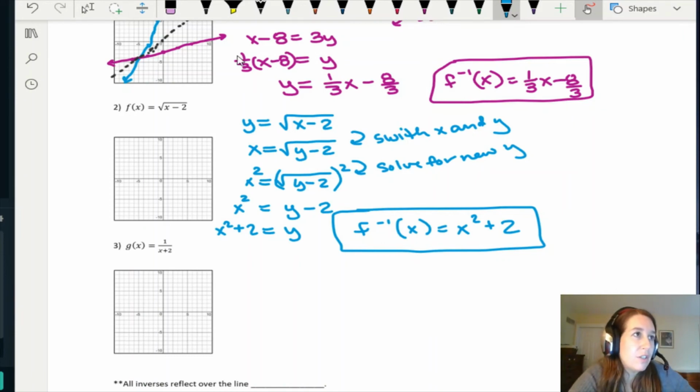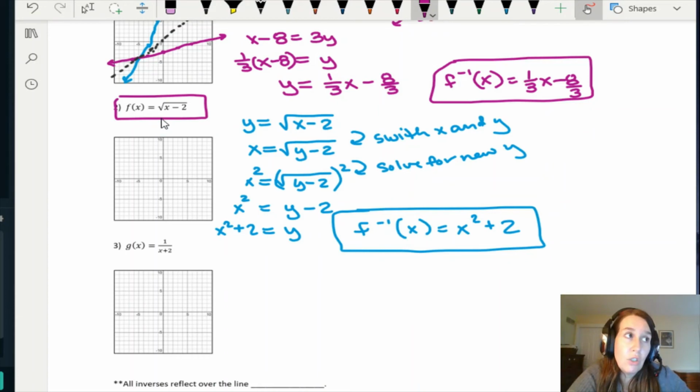So first, let's graph this in this purple color, the square root of x minus 2. So that is the square root graph, and then it is shifted. Remember, this is a shift. Let's see, it's x minus 2. We do the opposite to x, so to the right 2. Okay, so 1, 2, right there. And then just do the square root graph.